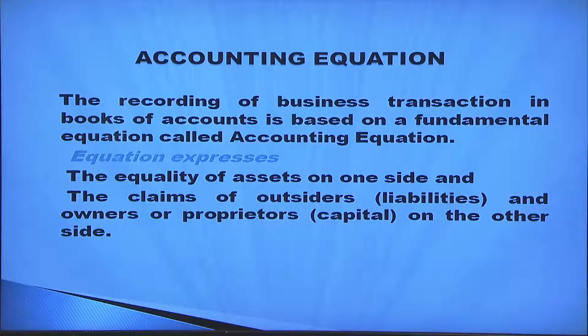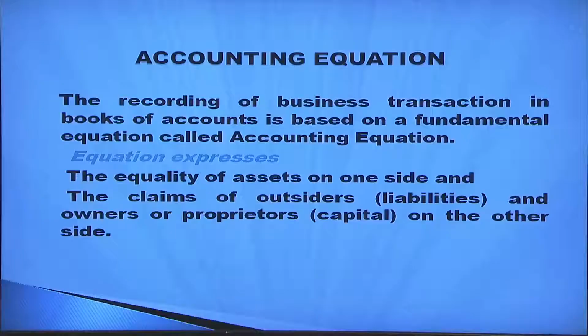The recording of business transactions in books of accounts is based on a fundamental equation called accounting equation. And what does this equation express? The equality of assets on one side and the claim of outsiders, that is liabilities, and owners' claim, that is capital, on the other side.